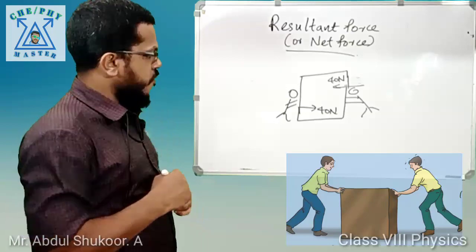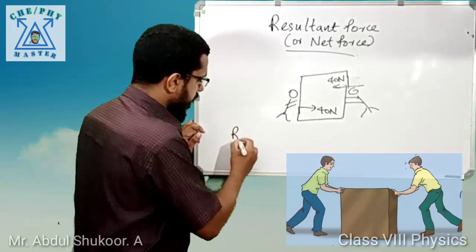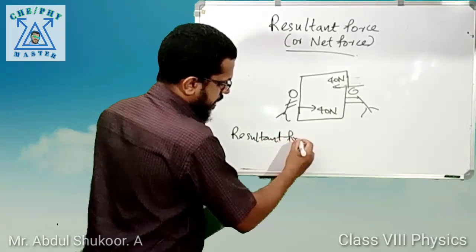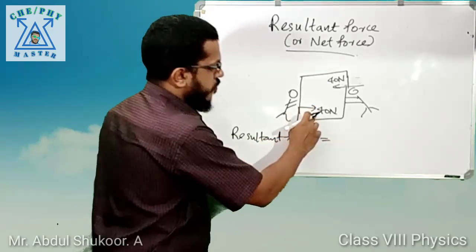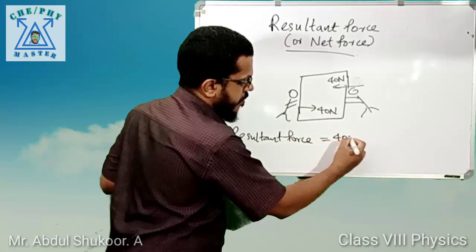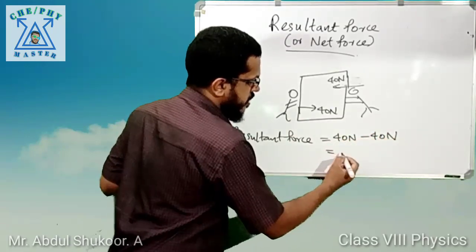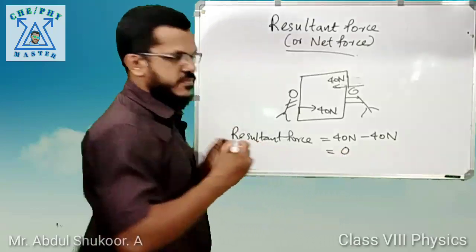That means the resultant force is equal to 40 Newton minus 40 Newton, that is equal to 0.